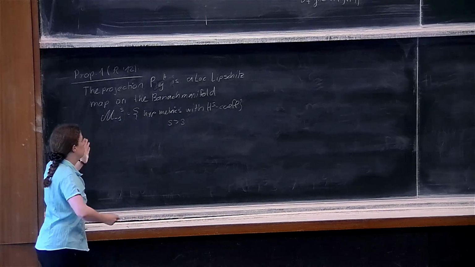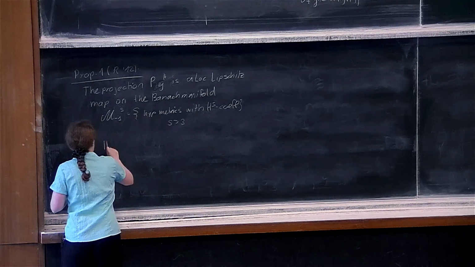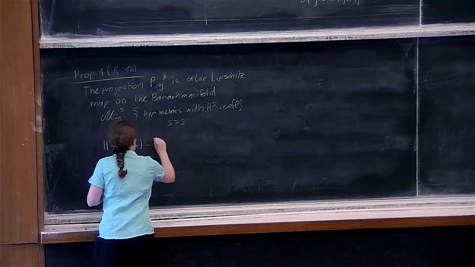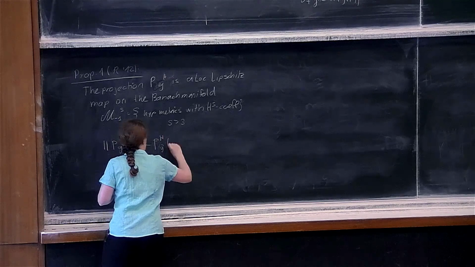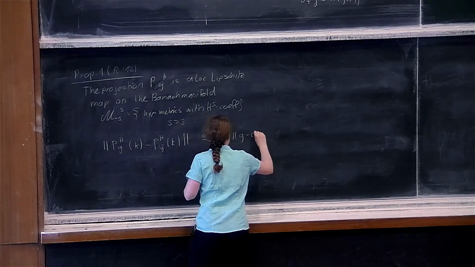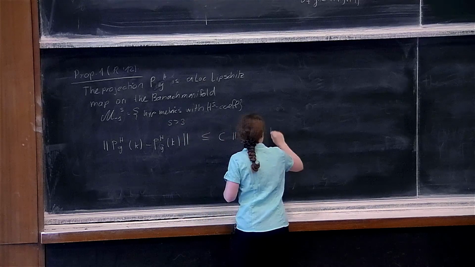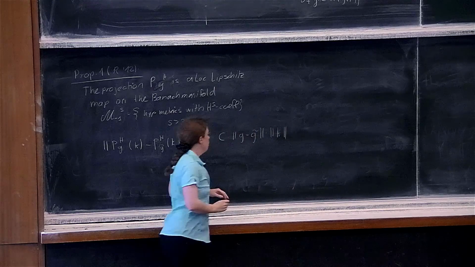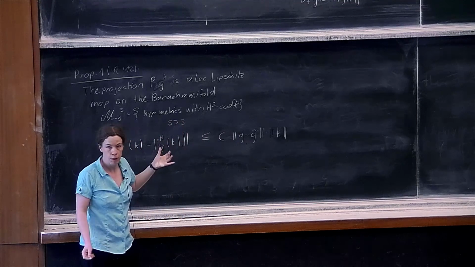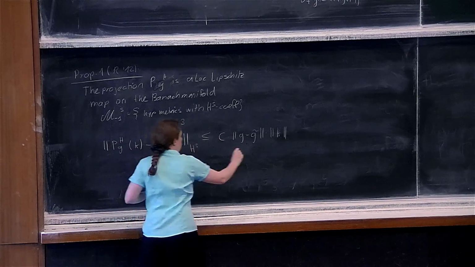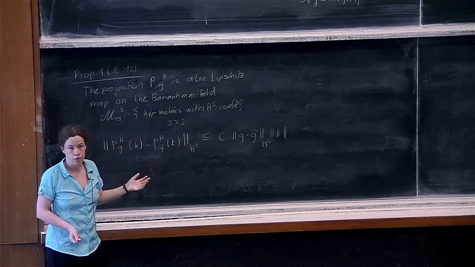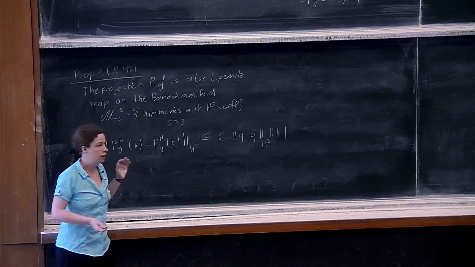So it can be seen in this way, and what this really means is you can estimate differences of projections in terms of differences of the metrics, really as tensors if you want, times the norm of the K. And the important point is that while here you would expect you have to measure differences in the same space, so the H^s space, you need very weak information on the tensor K. So this is really this regularizing effect that I mentioned.